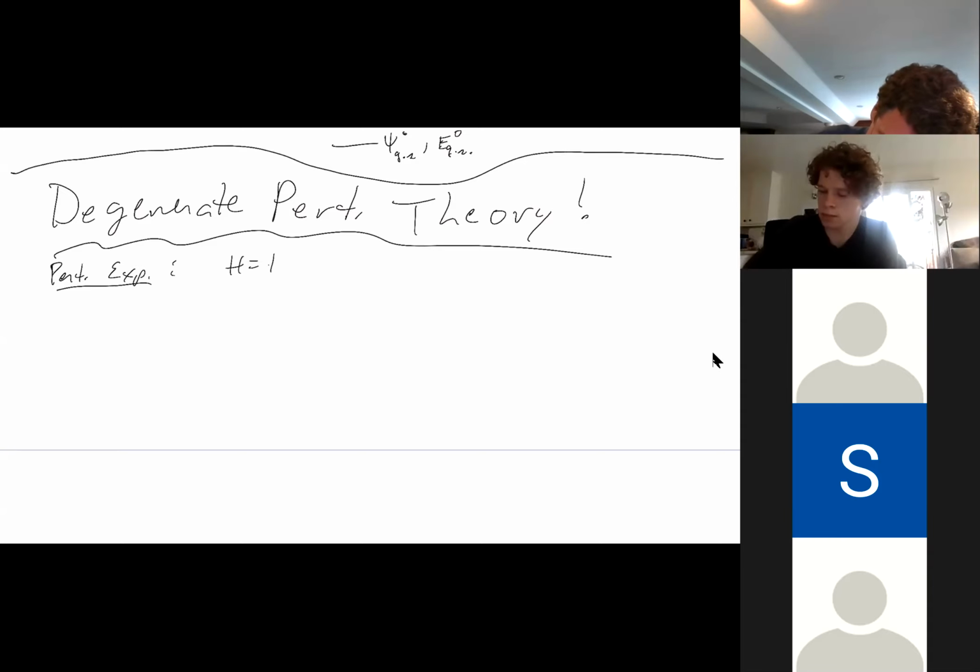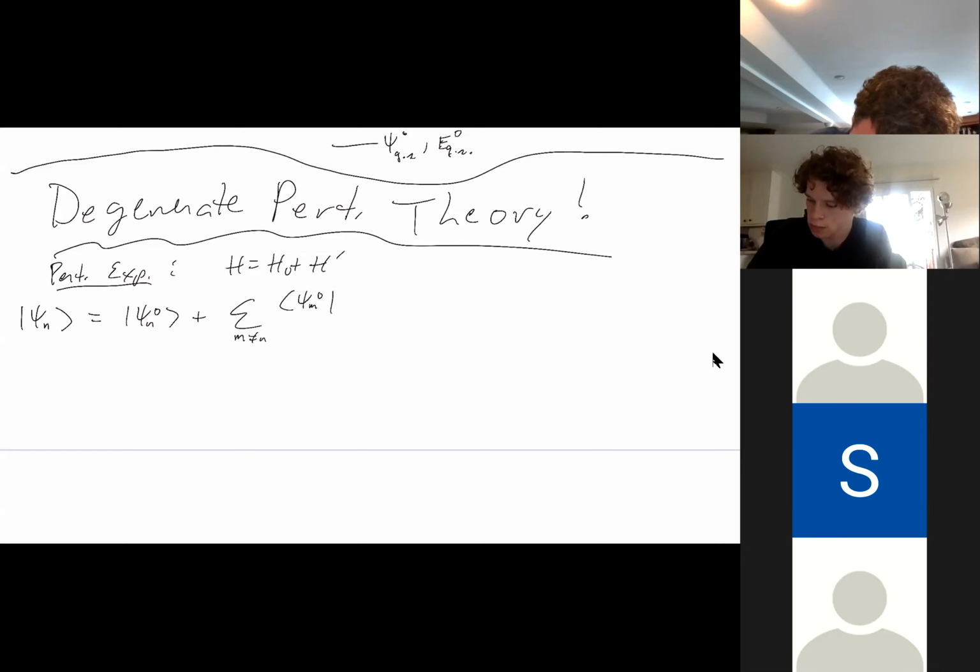For H equals H naught plus H prime, our eigenstate is psi n naught plus the sum over m not equal to n of psi m naught H prime psi n naught over E n naught minus E m naught, times psi m naught.